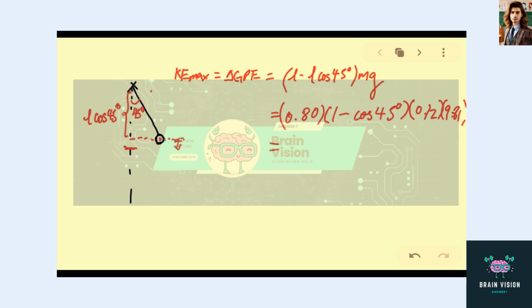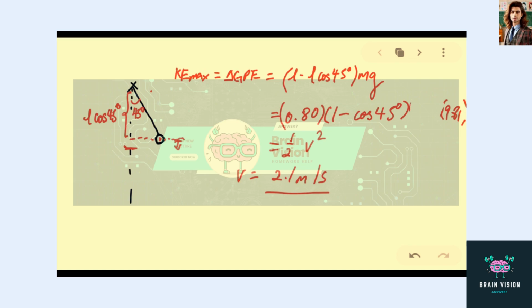We equate this to half mv squared, in which we can actually get rid of the mass m, right, because there's an m over here. So this is just half v squared. We can get v by multiplying this expression by 2, and then we take the square root. We should get 2.1 meters per second. So this is the velocity.